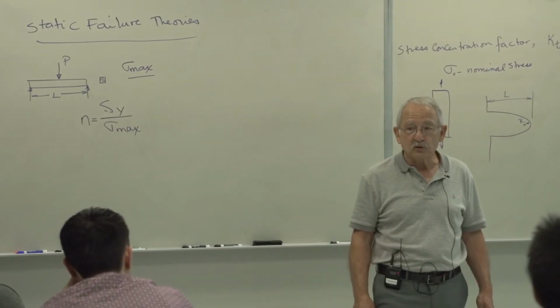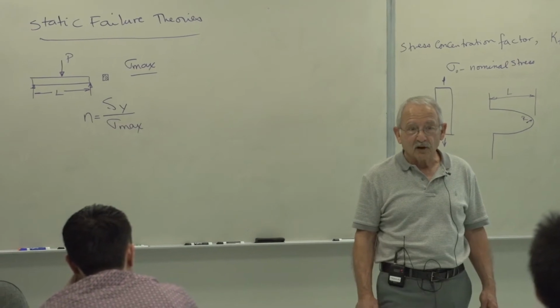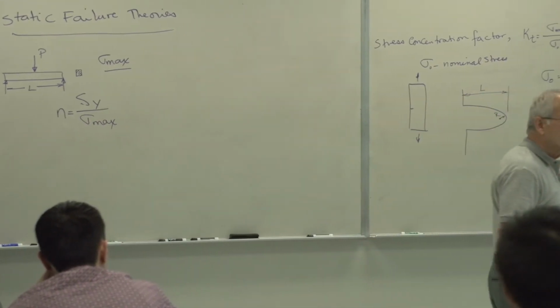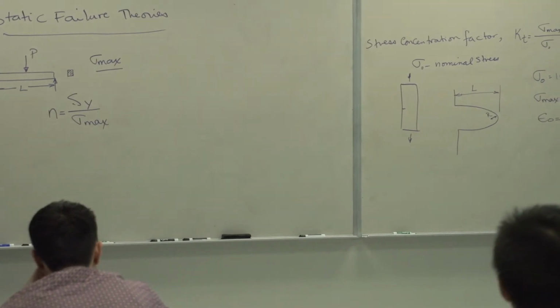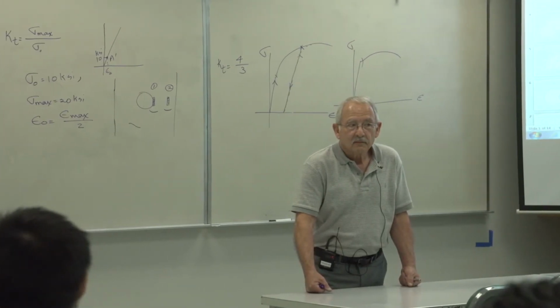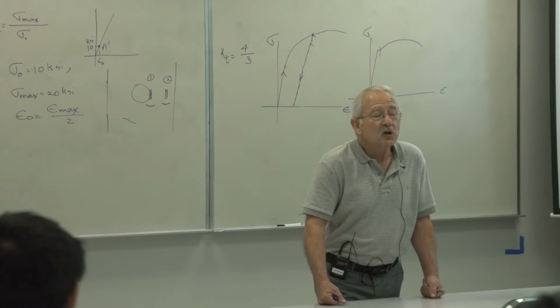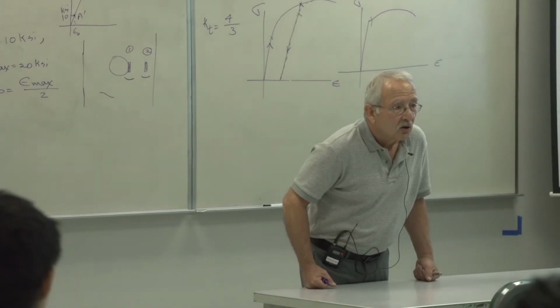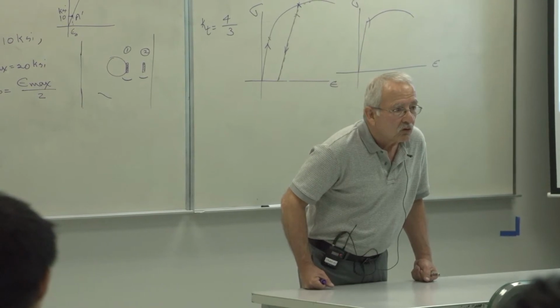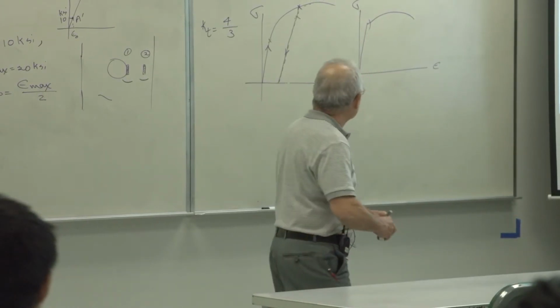You all took ME 233, right? Did you guys not use a definition of failure there? Isn't the failure point at the tip of the graph, at the end in here, you mean?